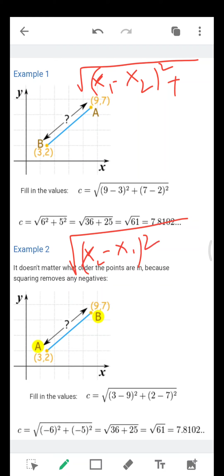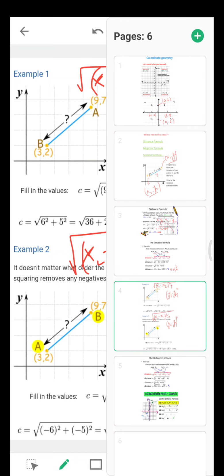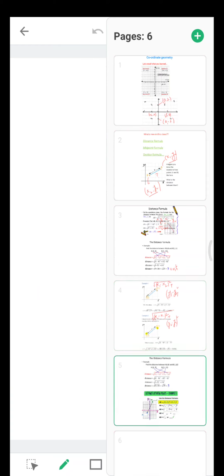Same with y1 minus y2, he can write, and you can write y2 minus y1. That doesn't matter, okay? There are two ways in which we can write the formula, because we are squaring it. When you square after subtracting, you get the same answer.